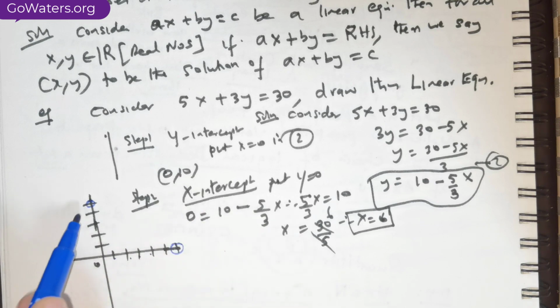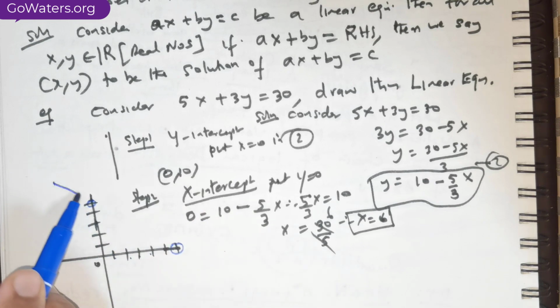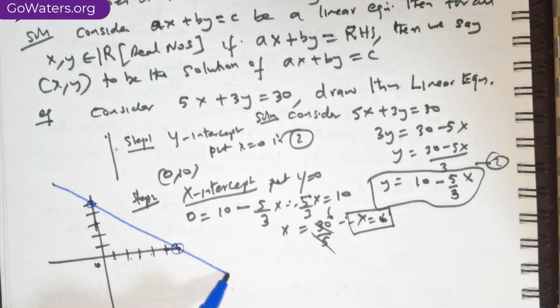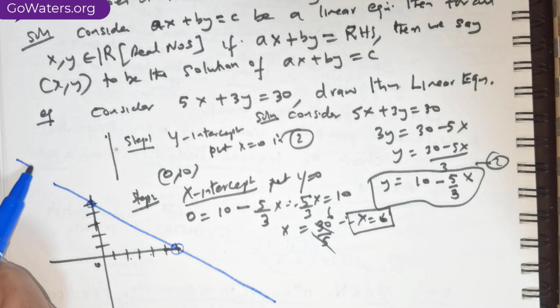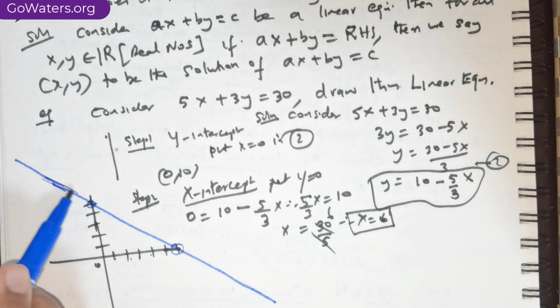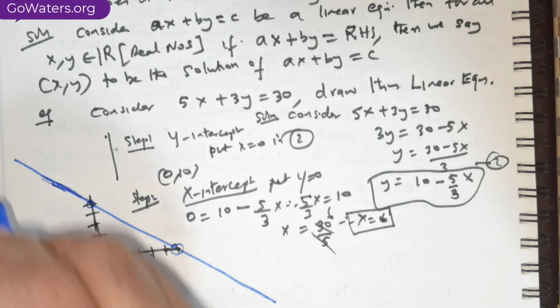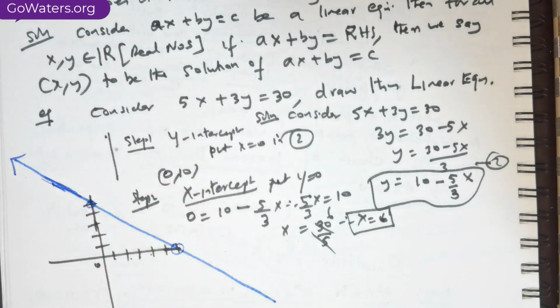So we can connect these 2 points. You can clearly see the line will keep moving on in both directions. There is no end for lines of this fashion. The line will be heading up and heading down.